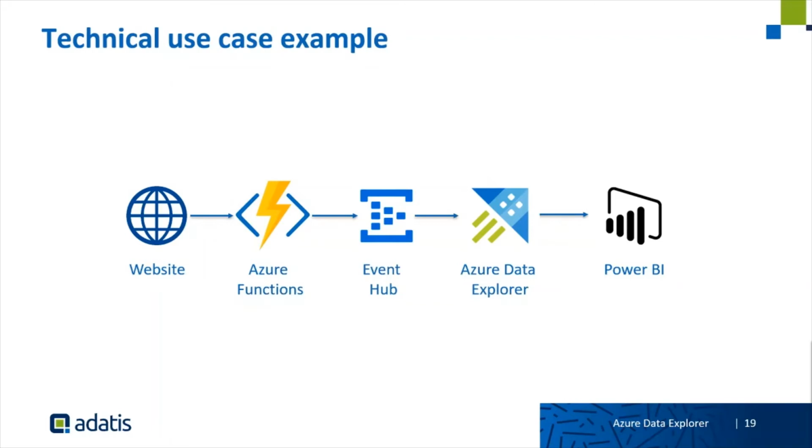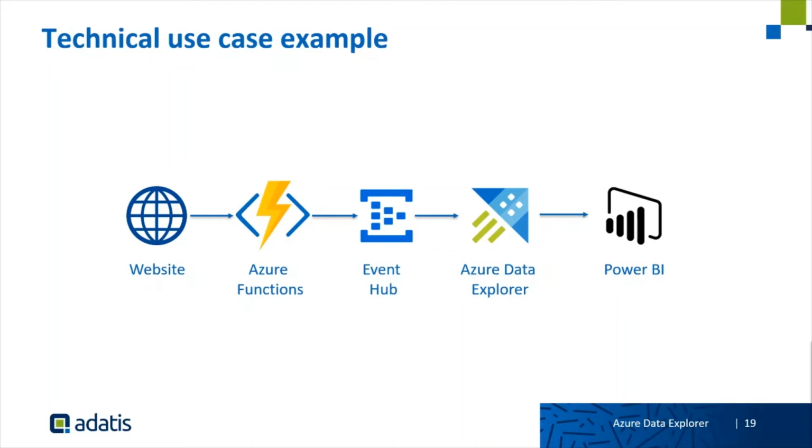So just to give also some very basic architectures where Azure Data Explorer can fit in, right? Basically, there is no one architecture. However, these are some ideas. For instance, let's imagine we have a website. We can then use Azure Functions to feed to Event Hub, which will queue the data that is being received and send that over to Azure Data Explorer.